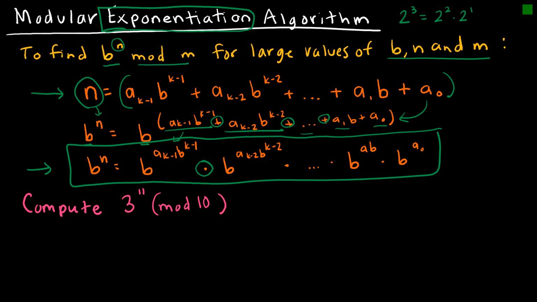Now I'm giving you a sort of silly example, because in real life you would just grab your calculator and take 3 to the 11th. But here's how the algorithm works so that you understand it. The algorithm says take your exponent and turn it into a binary value. So I have the number 11, which currently is base 10, and I want to write that in base 2.